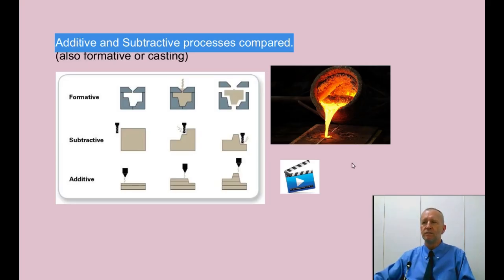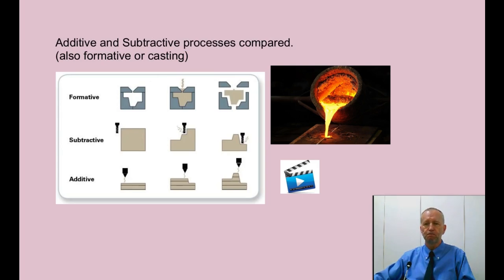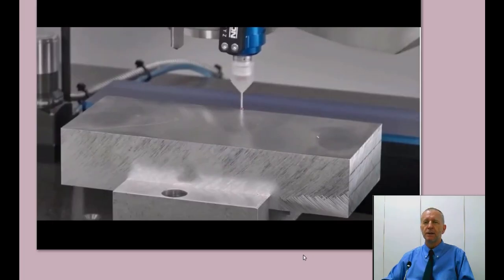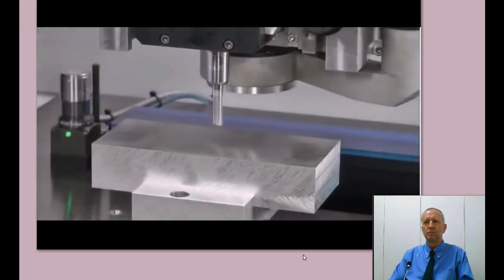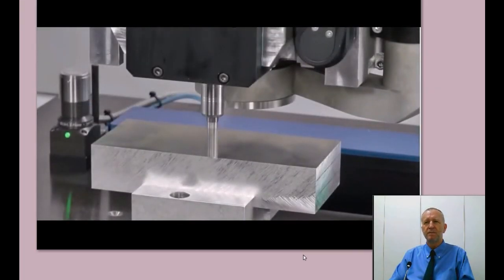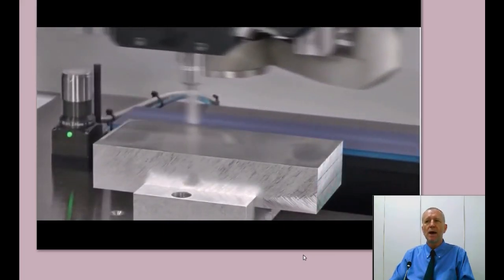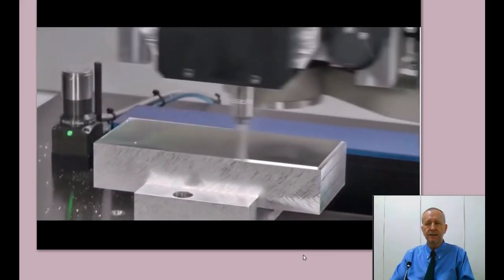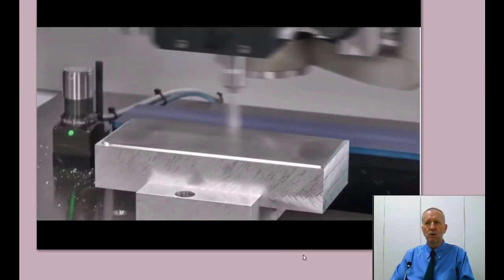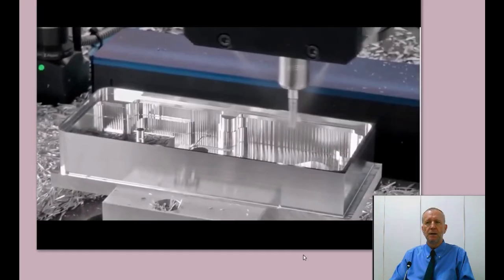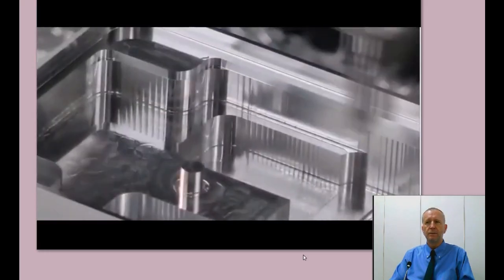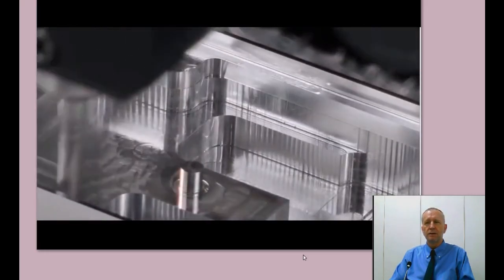So let's move to the next video so you can see the subtractive process. We start with a block and simply shape that block, subtracting, taking away what you don't want, until you get the object that you want.